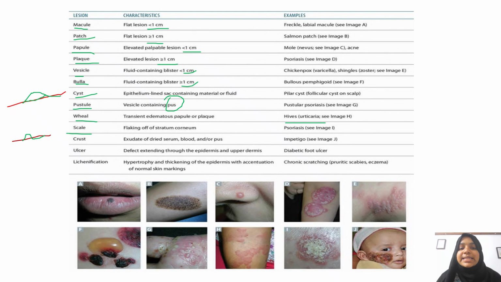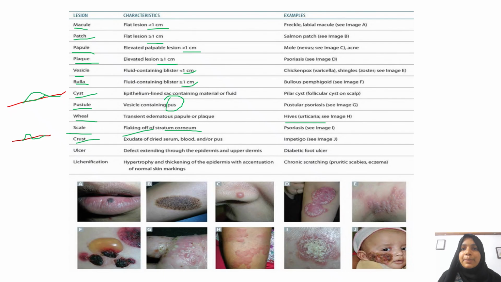Scale is when there is extensive shedding of the stratum corneum, the topmost layer, which is a natural process, but the turnover rate becomes so high that the top layer is extensively shed and flaked off. That is called scaling, like seen in scaly conditions like psoriasis. You can even have scaly lesions in lichen planus and others, but mainly when you say silvery white scales, you're talking about psoriasis.